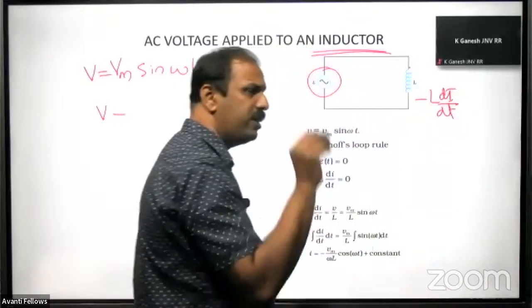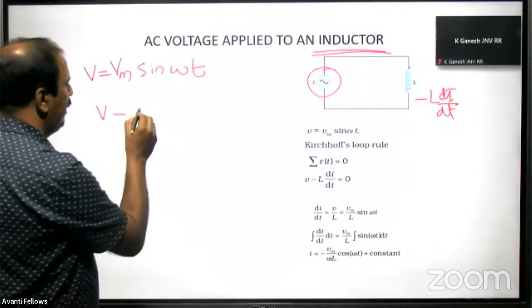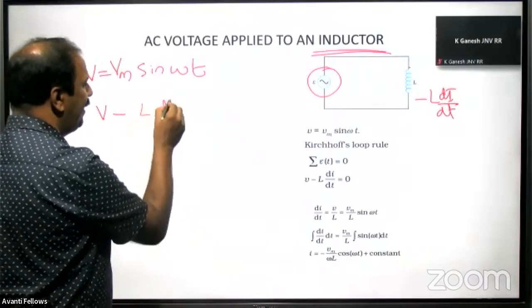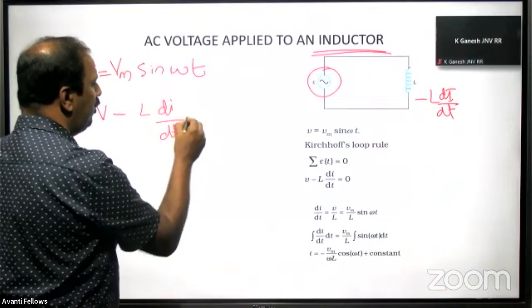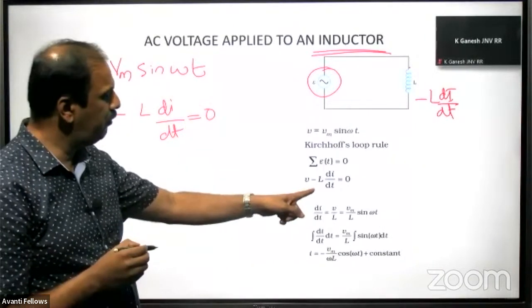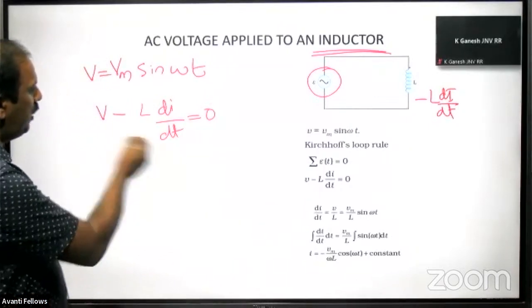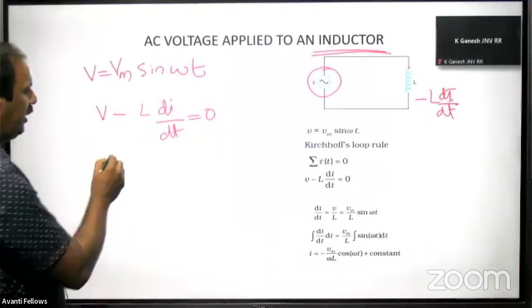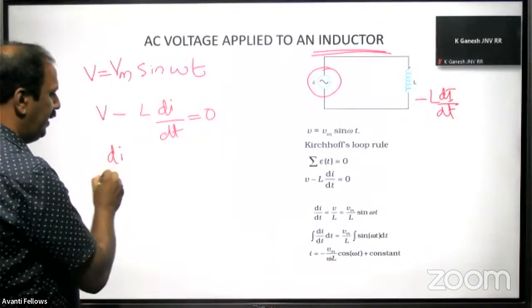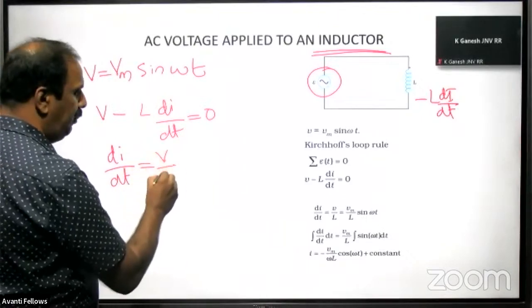The EMF across the inductor will be L di by dt. So V minus L di by dt is equal to 0. Now this one we can rearrange. di by dt is equal to V by L.